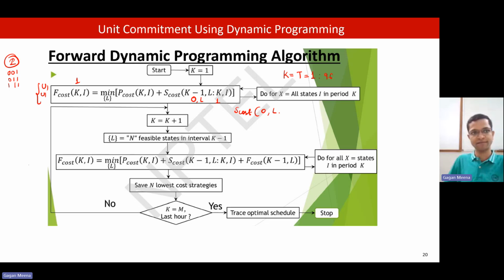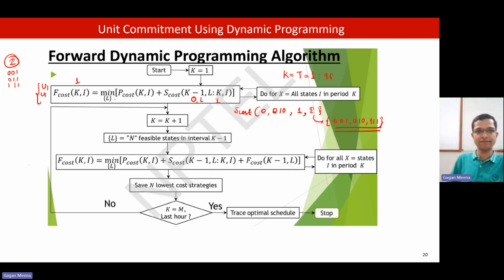Here we have 3 for I, this subset: 001, 010, and 111. These three values.